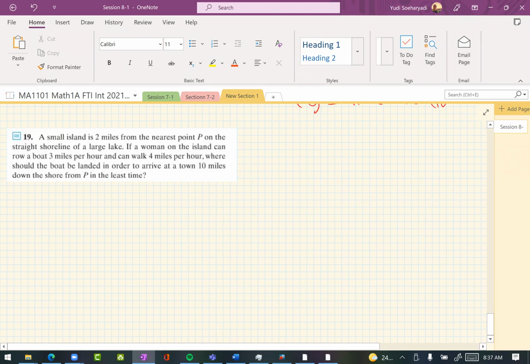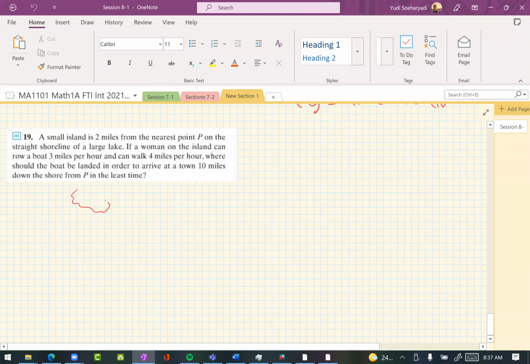If a woman on the island can row a boat 3 miles an hour, that's the speed, and walk 4 miles an hour, where should the boat be landed in order to arrive at the town 10 miles on the shore? All right, so this is the situation.